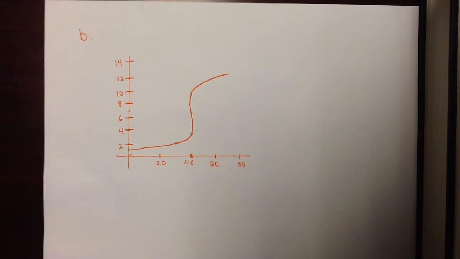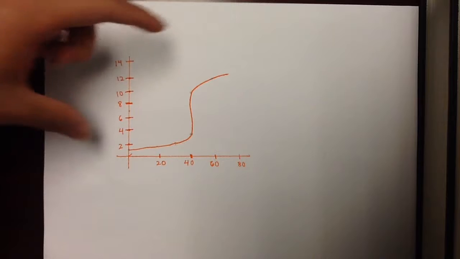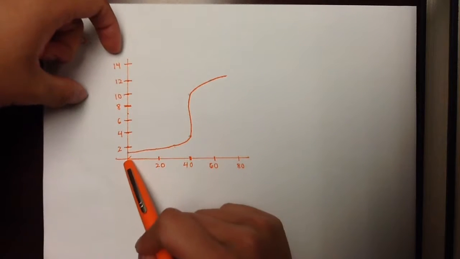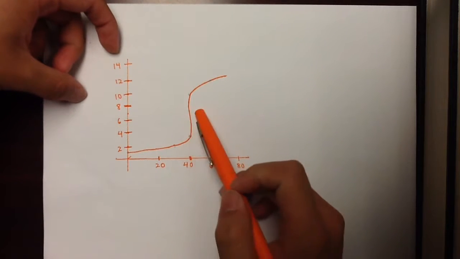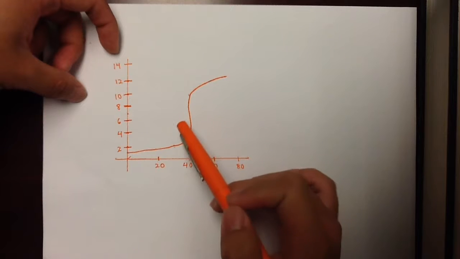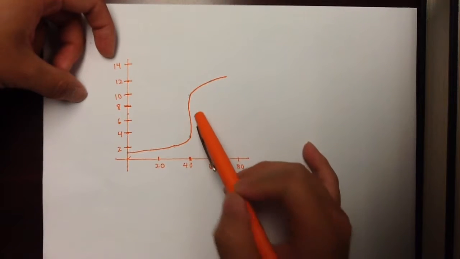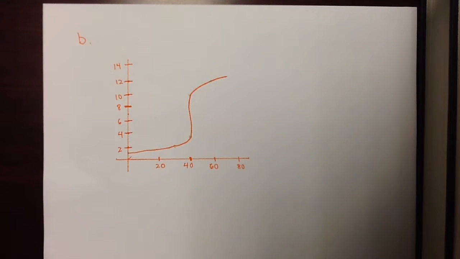And the whole point of this titration is figuring out, well, number one, we want to get the S-shaped curve, and once you get the S-shaped curve, we can figure out where the equivalence point is, which is halfway between the vertical lines, right?